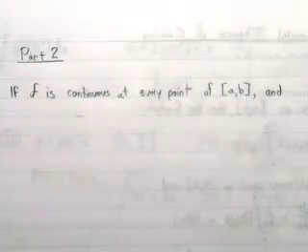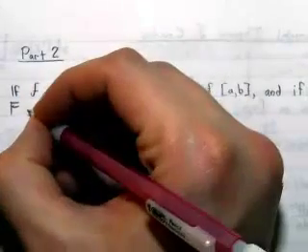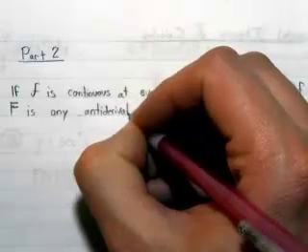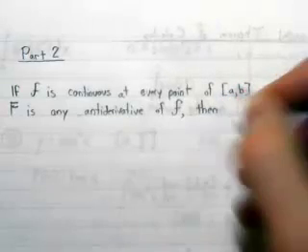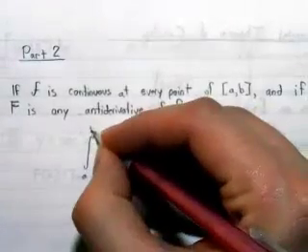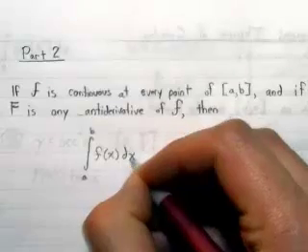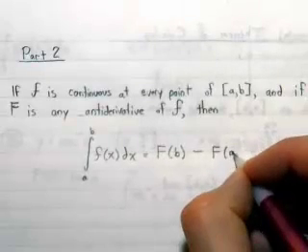Okay, so if f is continuous at every point in AB, and if big F is any antiderivative of f, bless you, then the integral from a to b of f of x dx is equal to big F of b minus big F of a.